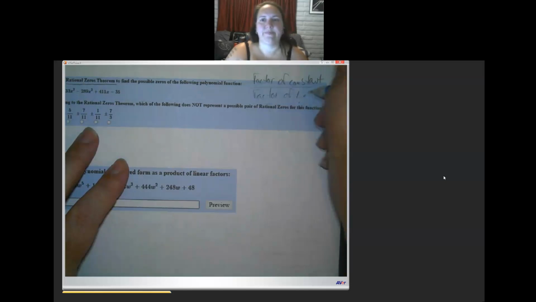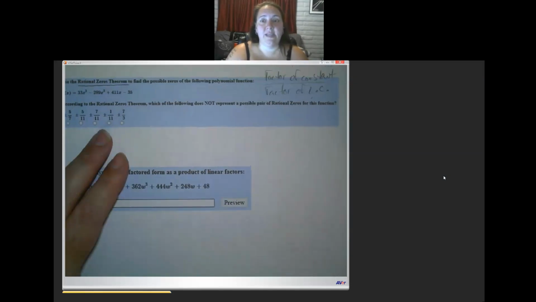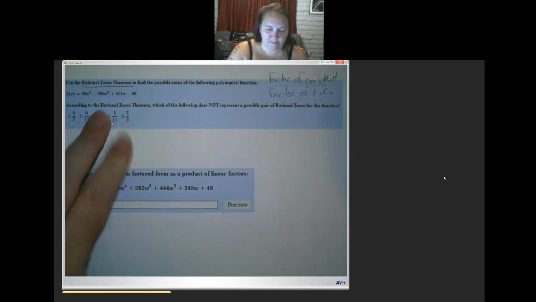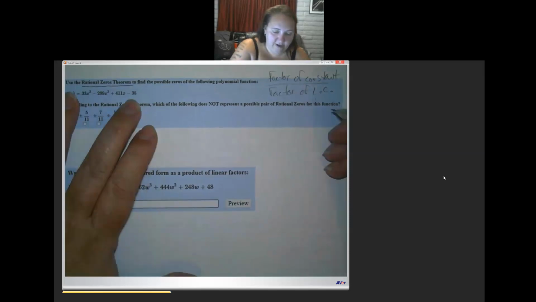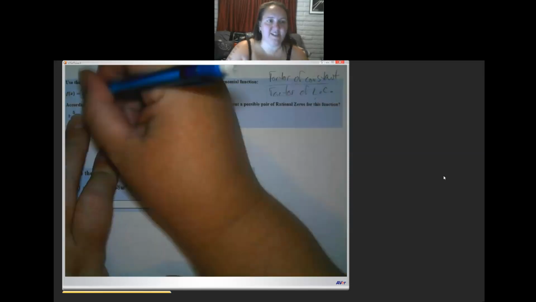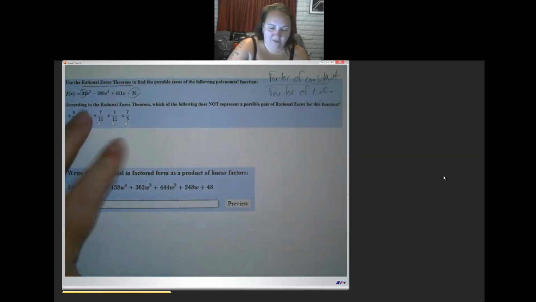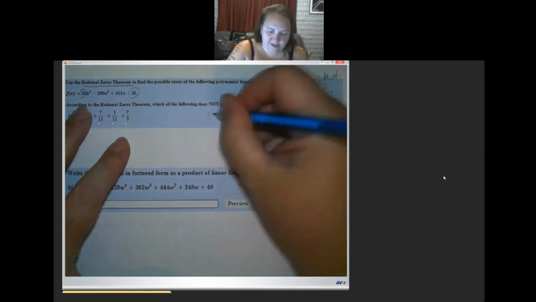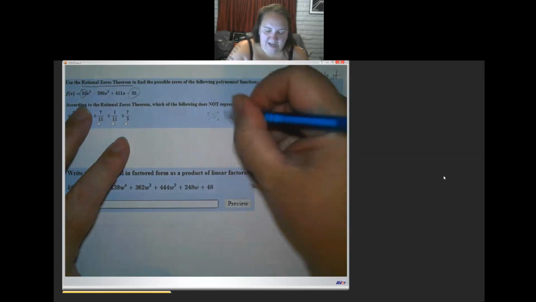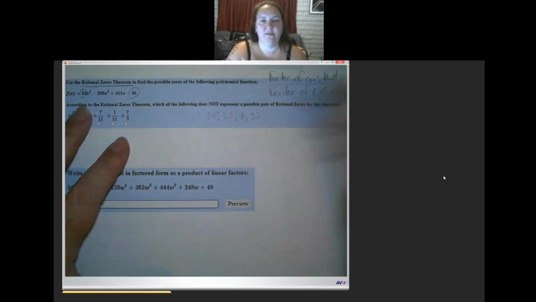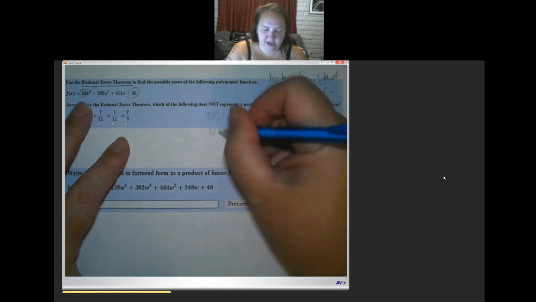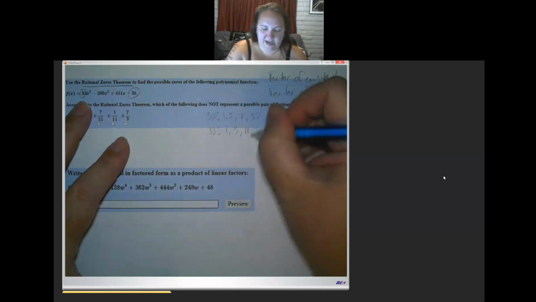So here, my constant term is 35, and my leading coefficient is 33. So I need all of the factors of those numbers. The factors of 35 are 1, 5, 7, and 35. The factors of 33 are 1, 3, 11, and 33.